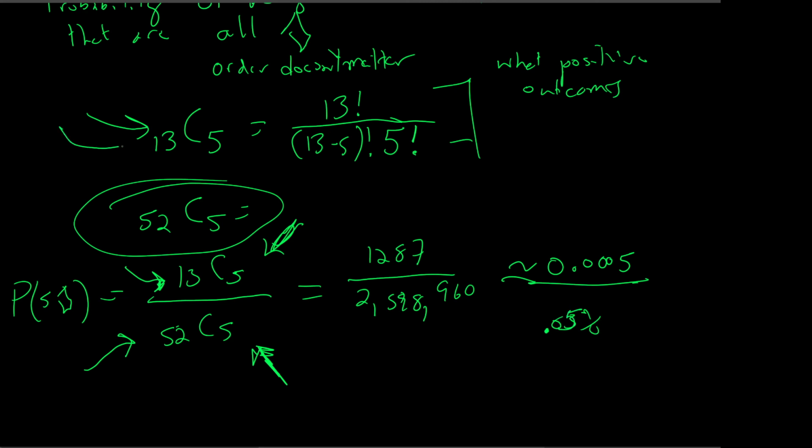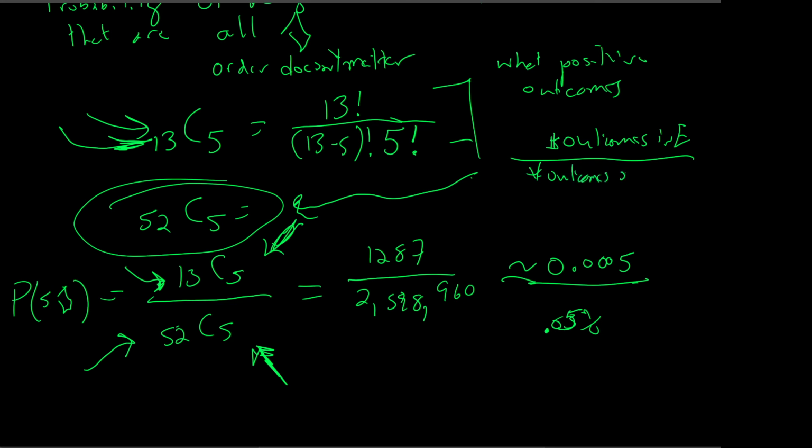But notice we turned the thing we want into the number of outcomes in our event over the number of outcomes in our sample space, or our probability space, whichever way.